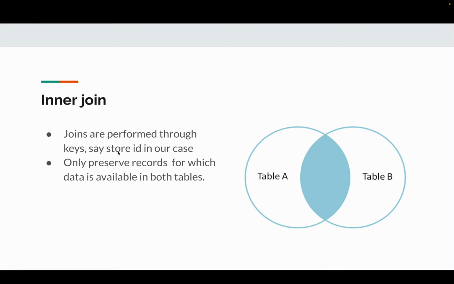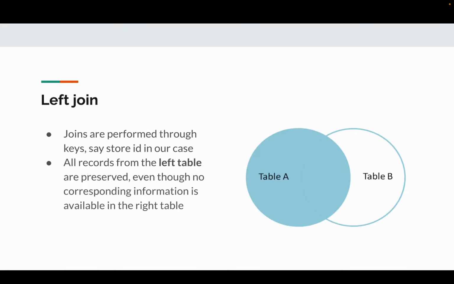In our case, the store ID is our common key. With an inner join, after the join operation, we'll only have the records that are common in both tables. So if A is our sales table and B is our stores table, then after the join, we'll only have records where both tables contain the store IDs. We'll see it through an example.